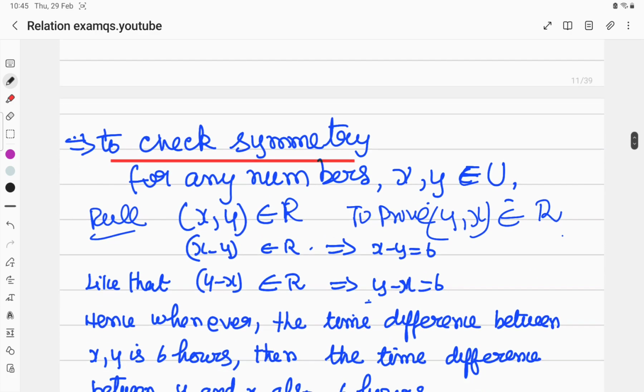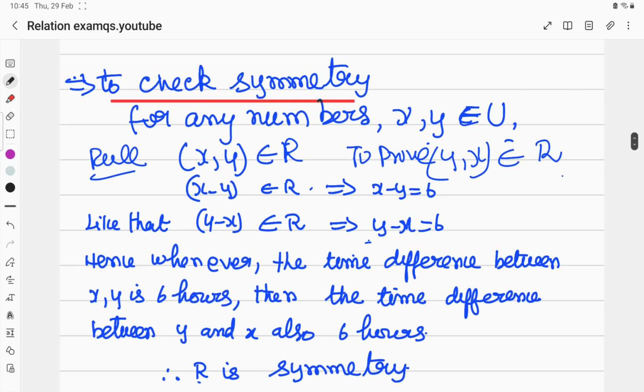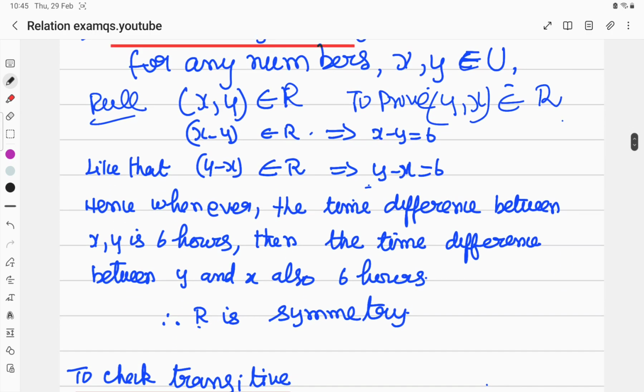To check symmetry: for any zones x, y belonging to the universal set, if (x, y) belongs to R, we have to prove that (y, x) also belongs to R. Here (x, y) belongs to R means the difference x minus y is equal to 6.